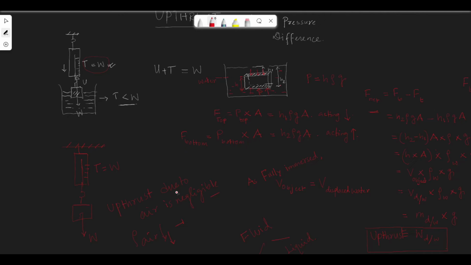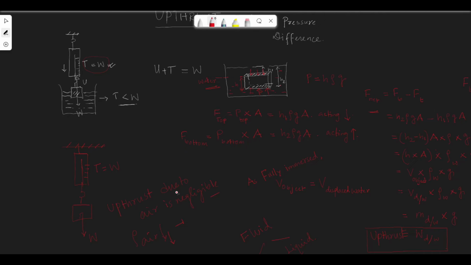Density of air is much, much less than here the density of water, the water that we considered in this situation. We could not ignore this density of water when something is immersed in water, partially or fully. But when something is in air, then we can easily ignore this upthrust, because this upthrust value is very, very small.